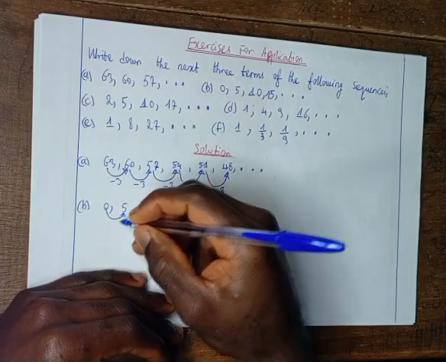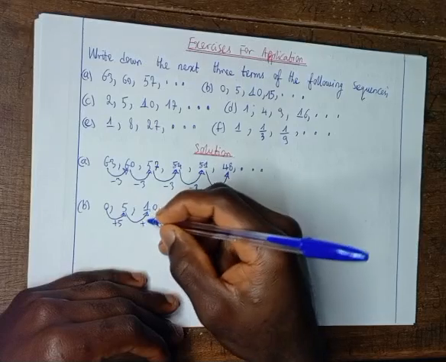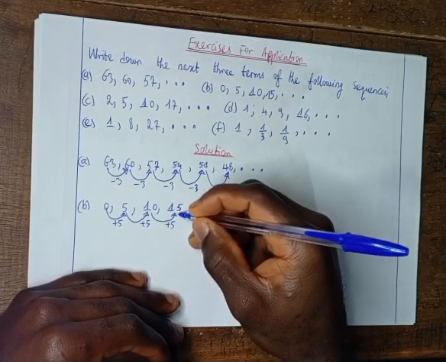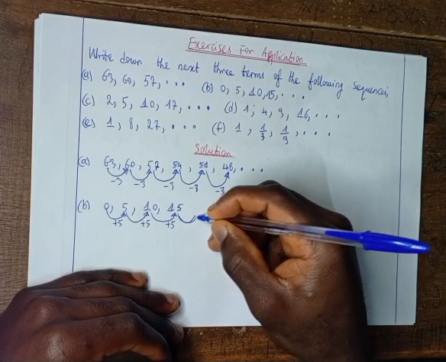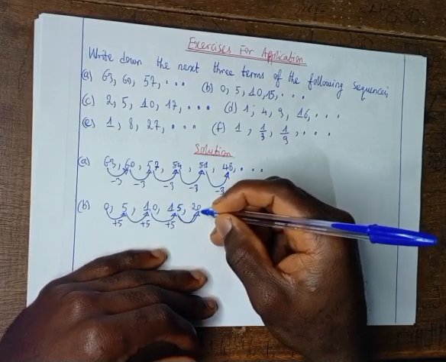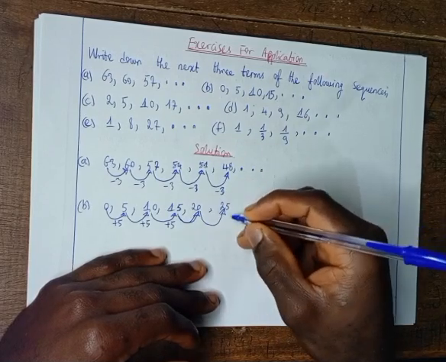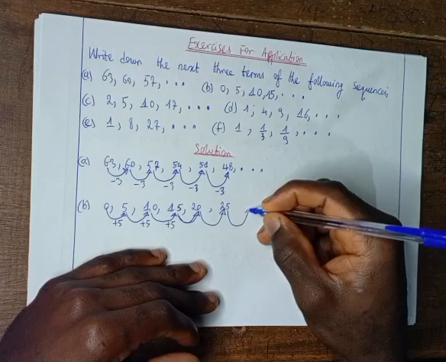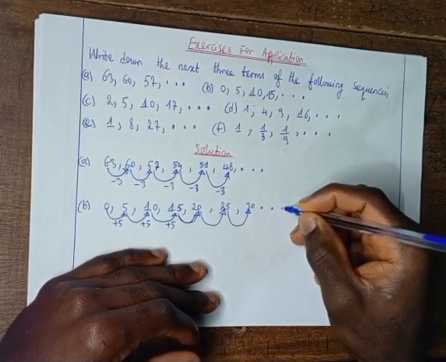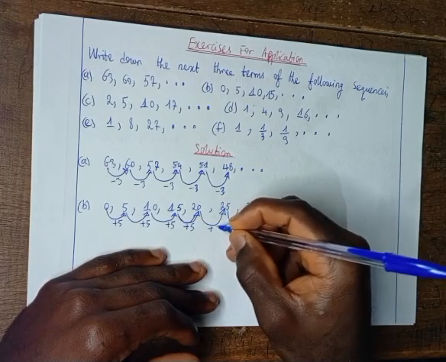The rule here is simply plus 5. So the next term will be 15 plus 5, which gives us 20. The next will be 25. And lastly, 30. Then we put the 3 dots, indicating that it is an infinite sequence.